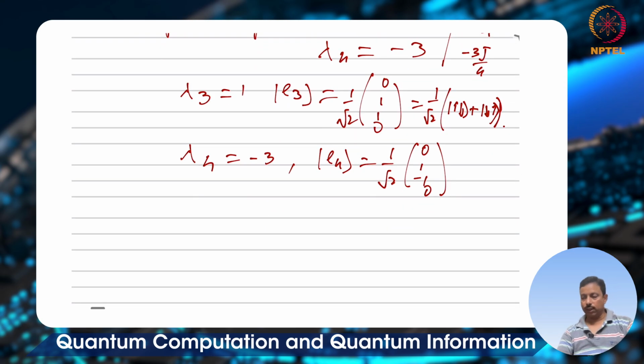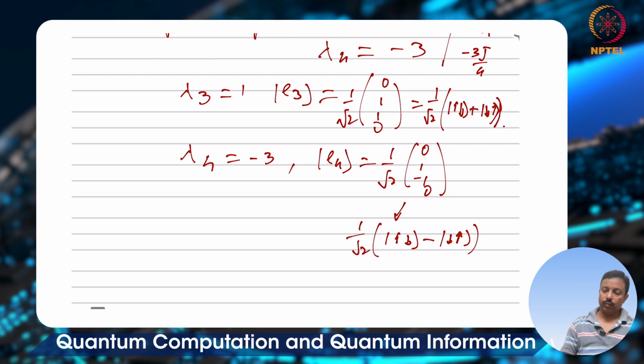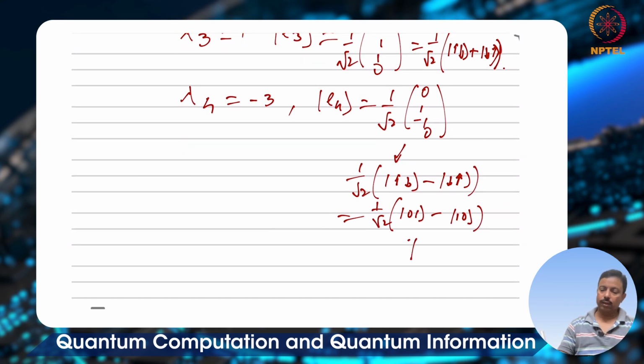This occurs naturally, even though I don't have to put it in, and this is an entangled state. This state is simply 1 by root 2 up down minus down up, which is 1 by root 2, 0, 1, minus 1, 0. This is called the singlet state. So these are entangled states.